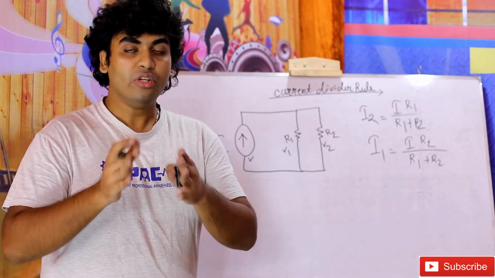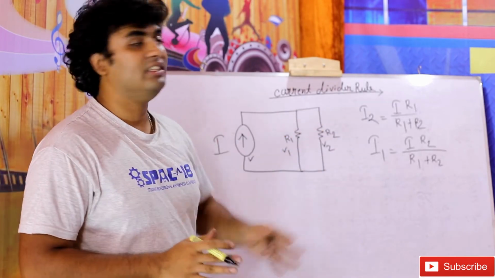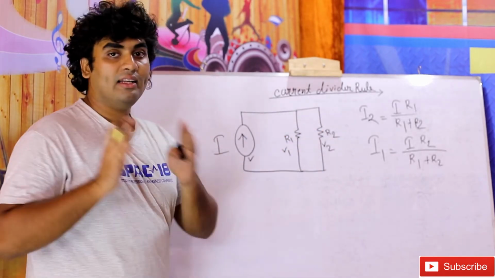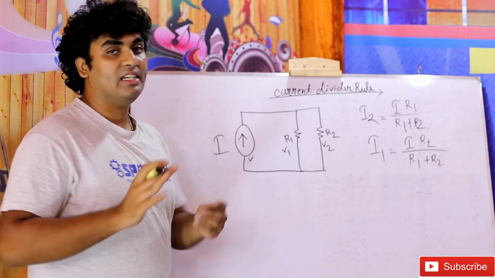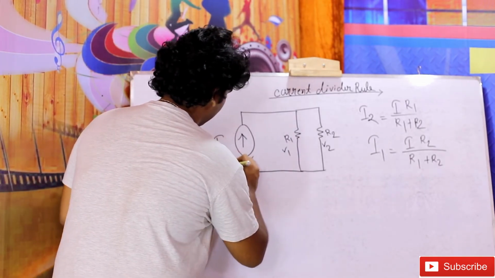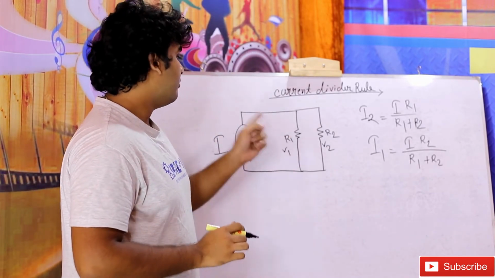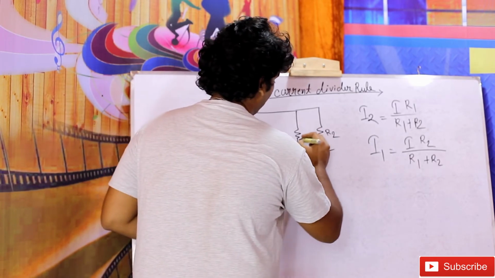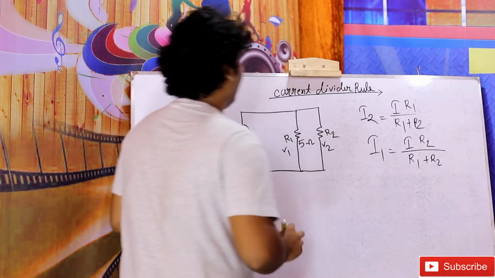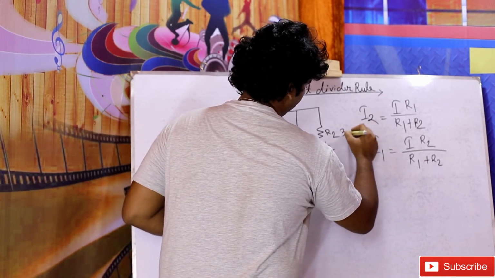Now we will see a mathematical application of this current divider rule. Let us consider the current source is 20 ampere, the resistance R1 is 5 ohm, and the resistance R2 is 3 ohm.